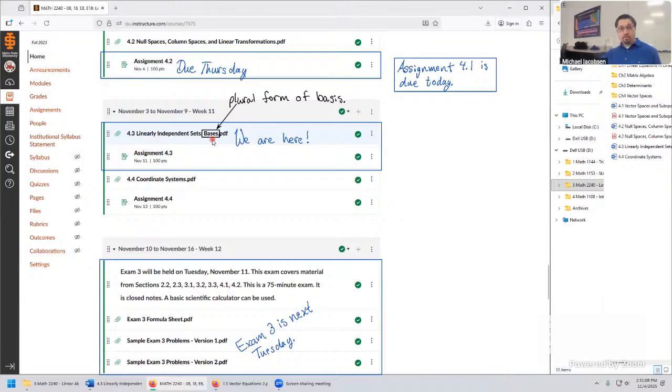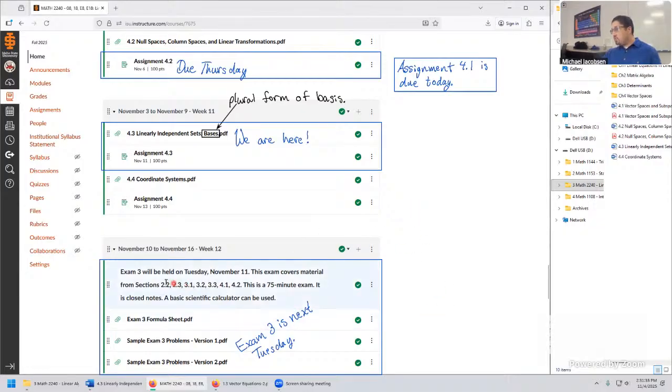Bases is just the plural for the word basis, the new thing we'll be studying. Then sections 4.2, 4.3, 4.4, they're all kind of similar in certain senses. The way we're going to do the computations in there, they're not like section 4.1. So we're definitely getting over the hump in terms of the abstraction. But I think that's just about all I have for the announcements at the moment. We're going to start working through section 4.3.